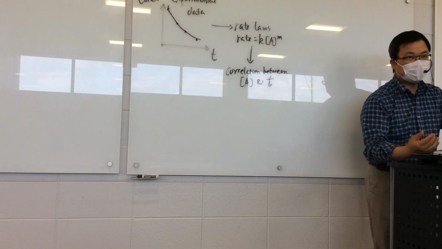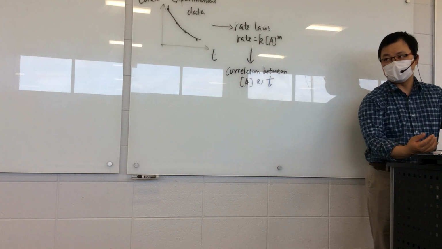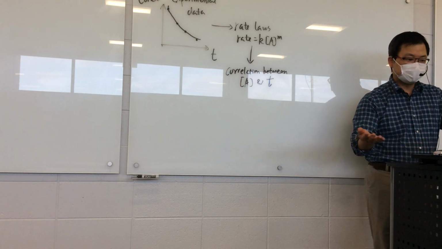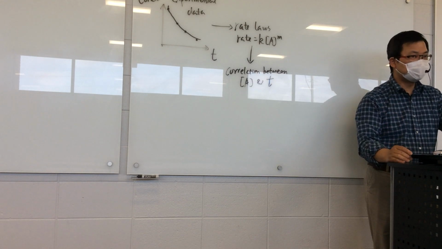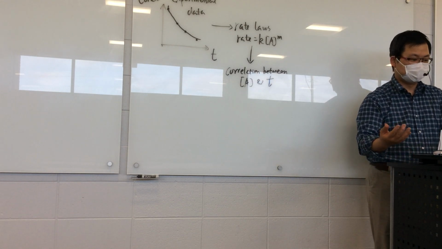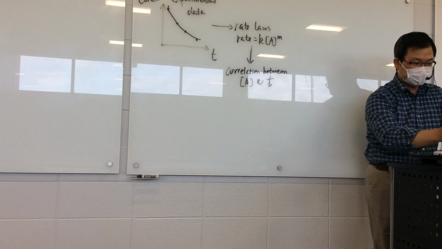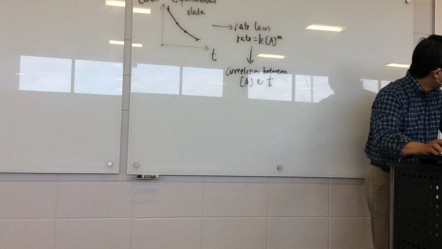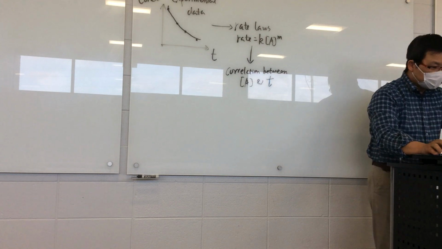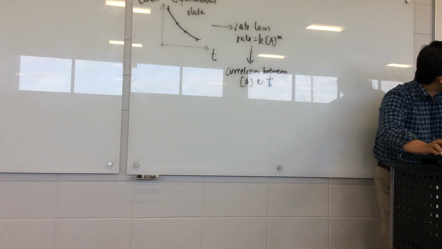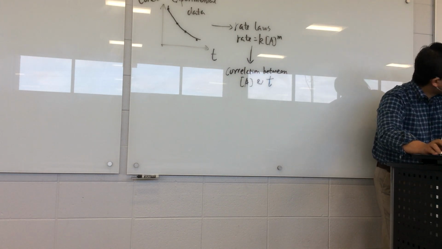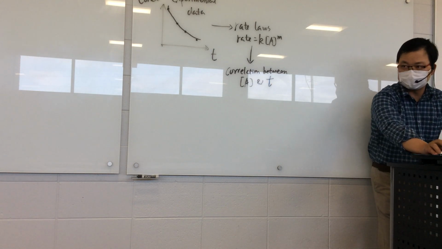And depending on the reaction order, this correlation can have different forms or equations. For first order reaction, as we discussed before, right? For first order reaction, we can derive, so these two equations are equivalent.